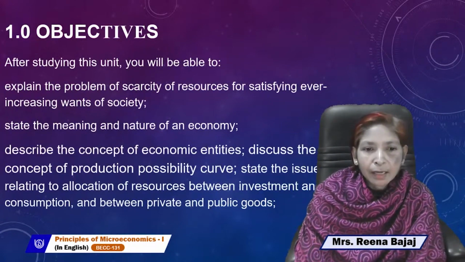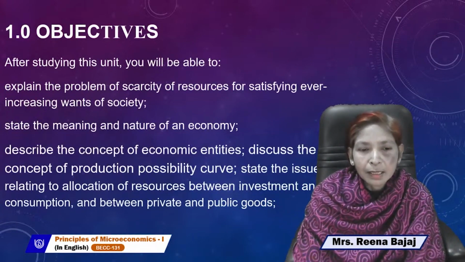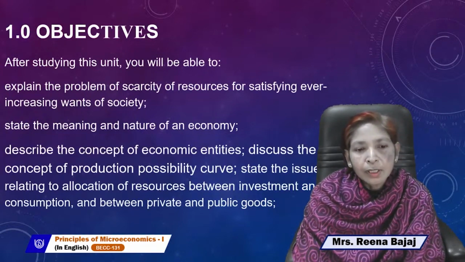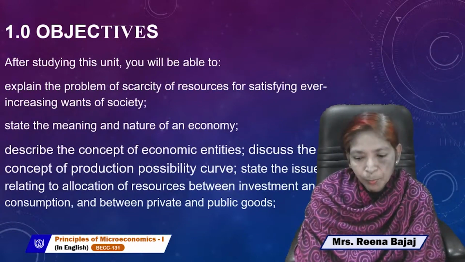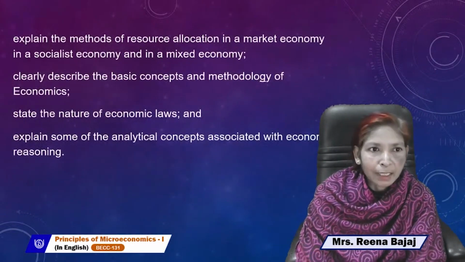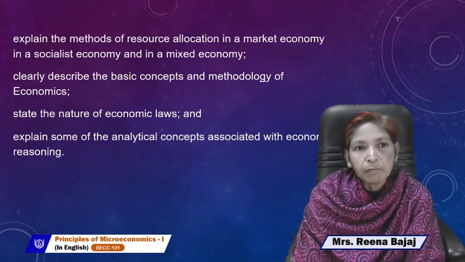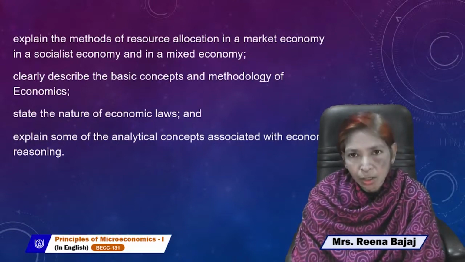Next is to describe the concept of economic entities, discuss the concept of the production possibility curve, and state the issues relating to allocation of resources between investment and consumption and between private and public goods. Okay, this is the main objective, and the main objective of this unit is to explain the methods of resource allocation in a market economy.